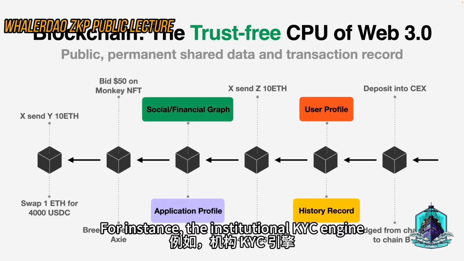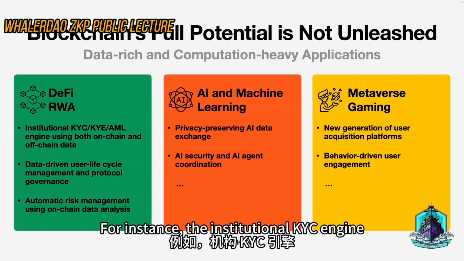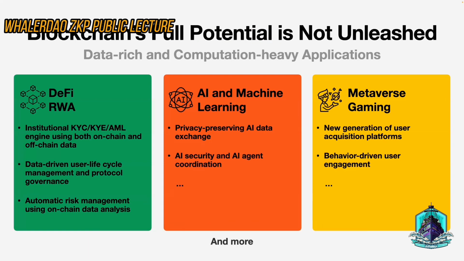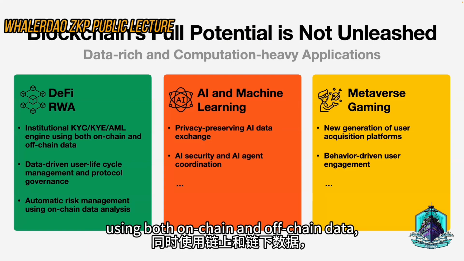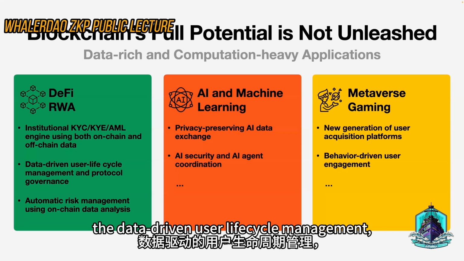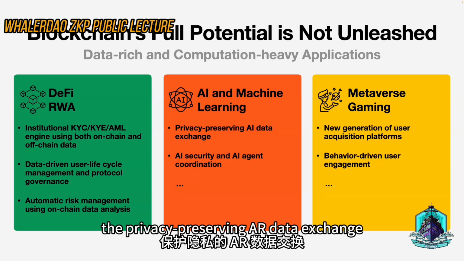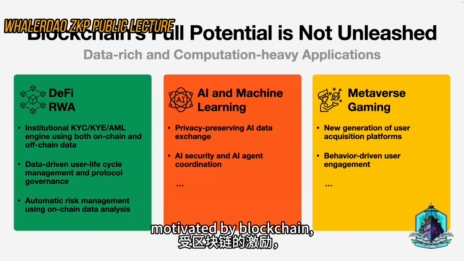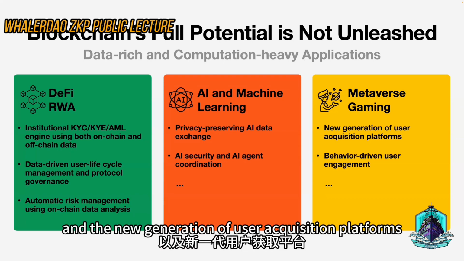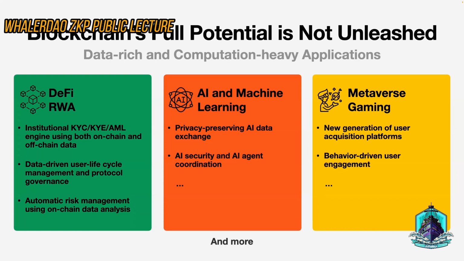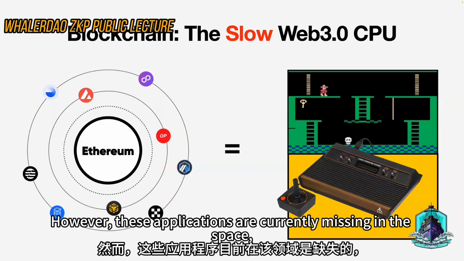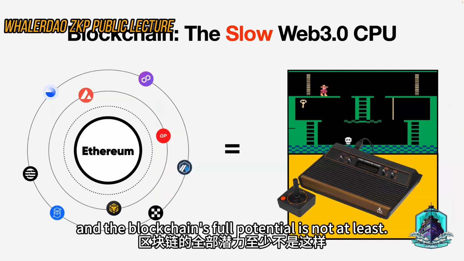For instance, the institutional KYC engine using both on-chain and off-chain data, the data-driven user lifecycle management, the privacy-preserving AI data exchange moderated by blockchain, and the new generation of user acquisition platforms for gaming projects. However, these applications are currently missing in the space, and the blockchain's full potential is not unleashed.